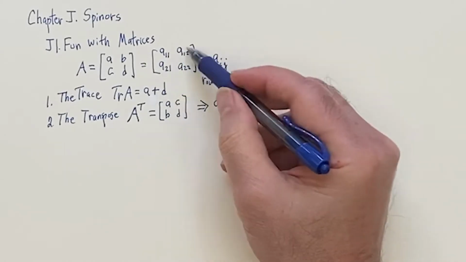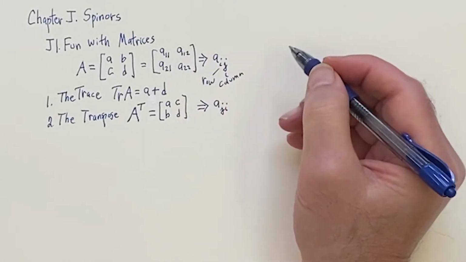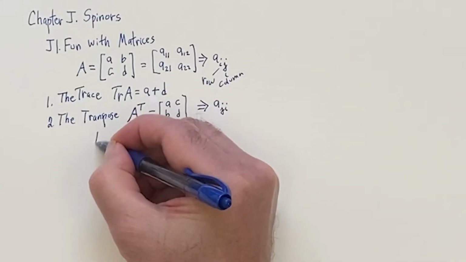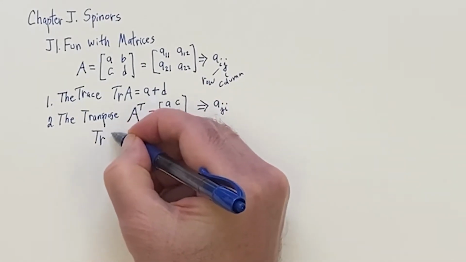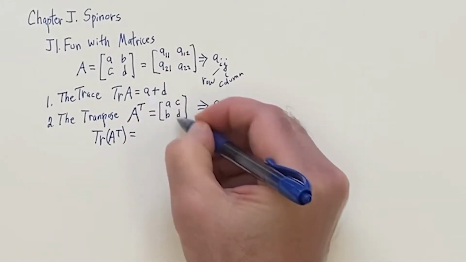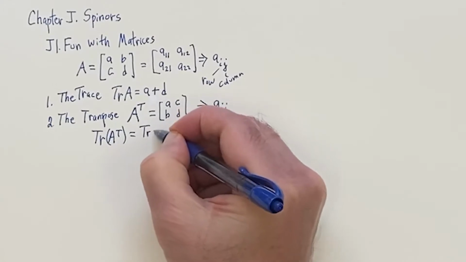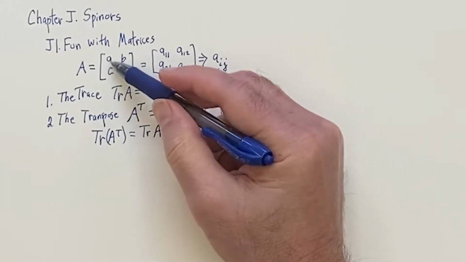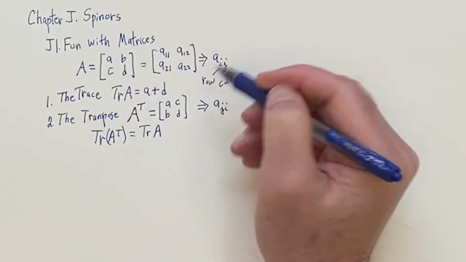So for the 2x2, you're just switching these two. Now notice that the trace of a transpose is the trace of A, the same as the matrix before transposing, because A plus D in either case.